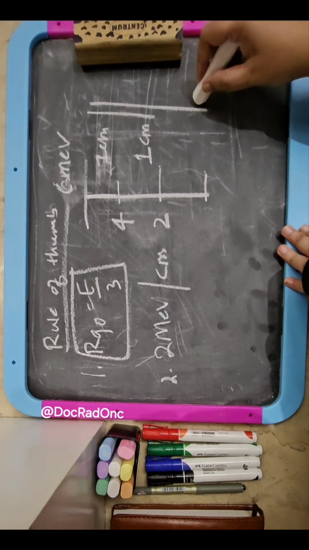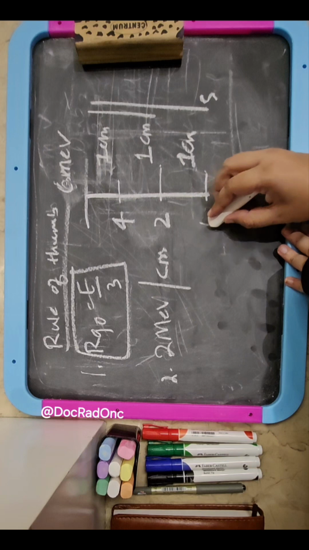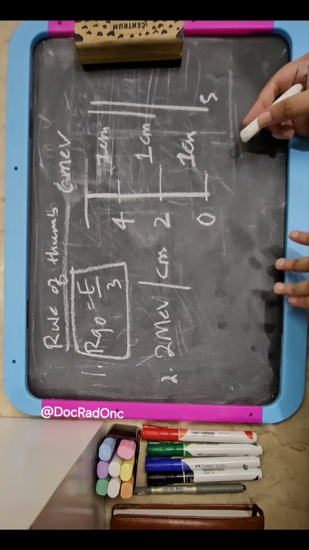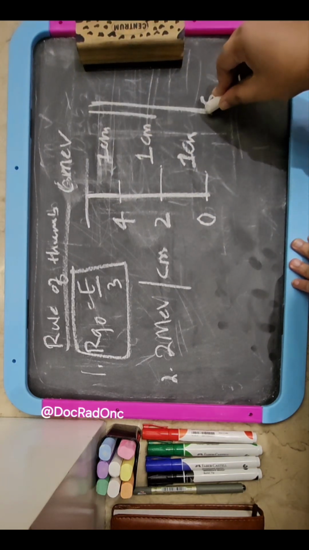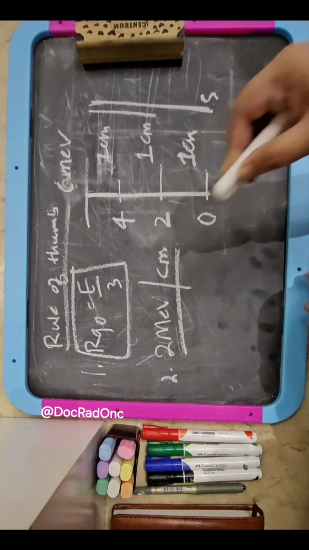Then at a depth of 3 centimeter, that is another centimeter, it will finally come to a stop, that is 0 MeV. So the distance that it travels is 3 centimeters. So 2 MeV is lost per centimeter.